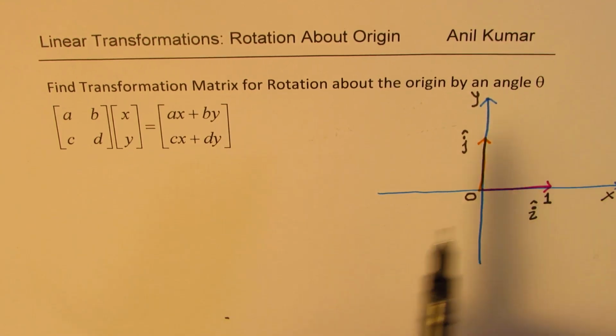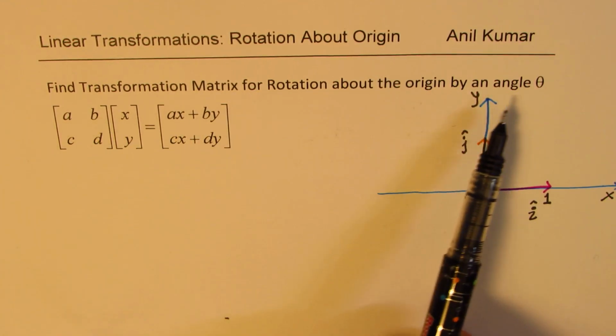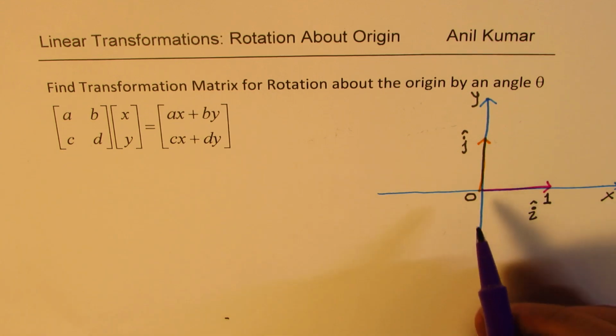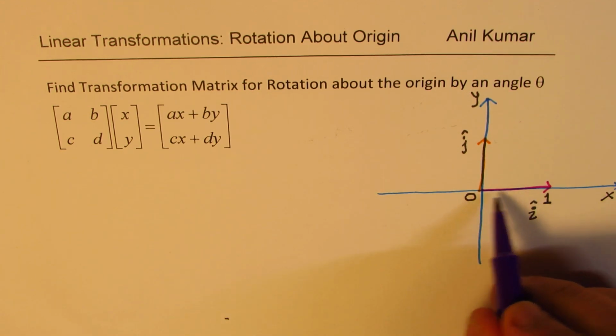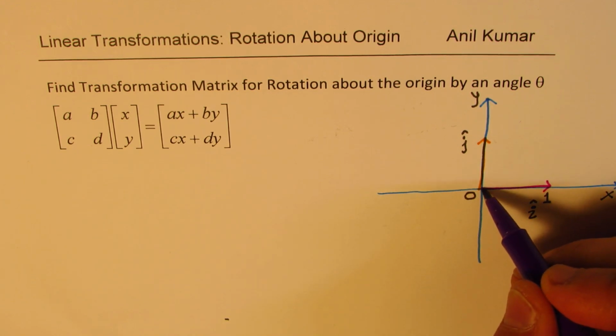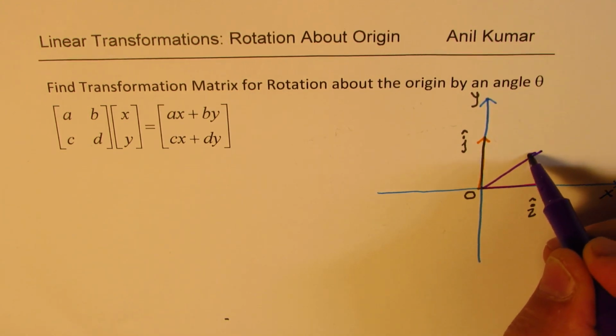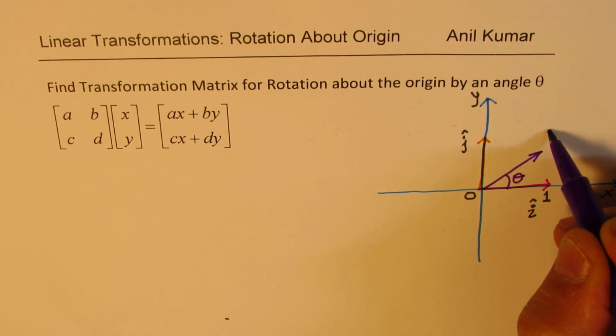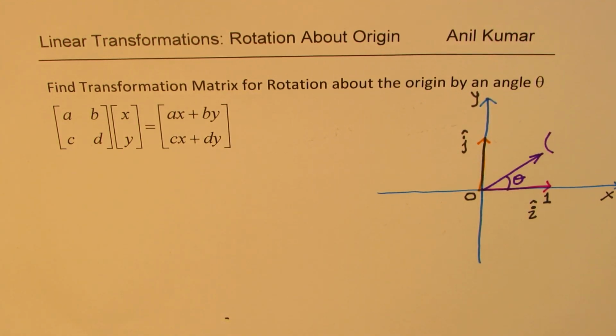So the thing is that we want to now rotate by an angle of theta. That means if this is my vector, or let's say a position along the x-axis, and I rotate it by theta, that is the angle theta, then what coordinates do I get?